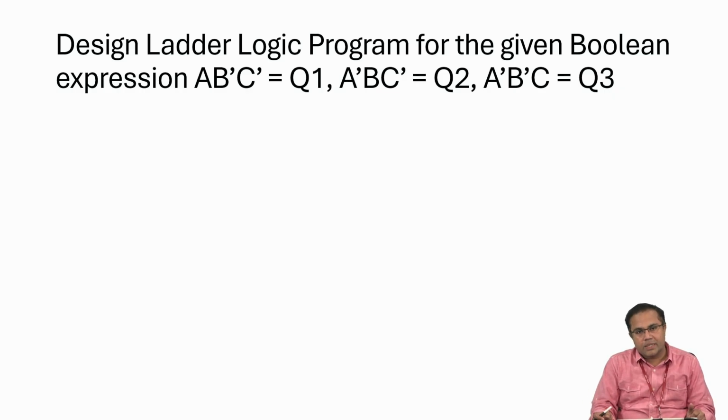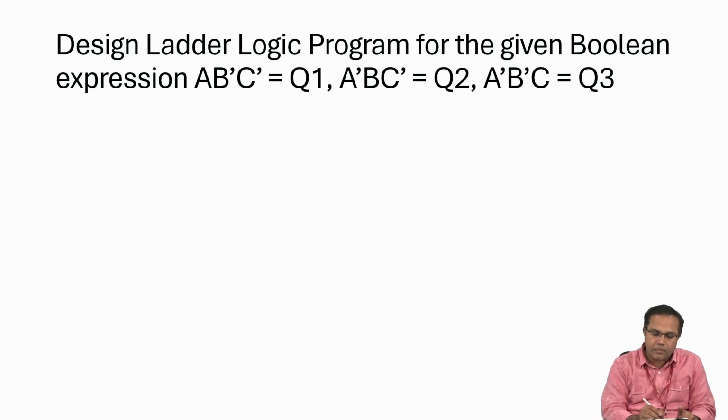there is one simple technique which I already explained in my previous lecture on ladder logic. If you remember the four things: in any Boolean expression, you will observe two standard forms, either POS, product of sums, or SOP, sum of products.